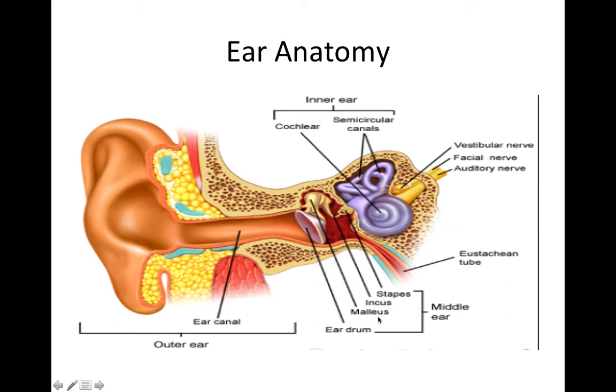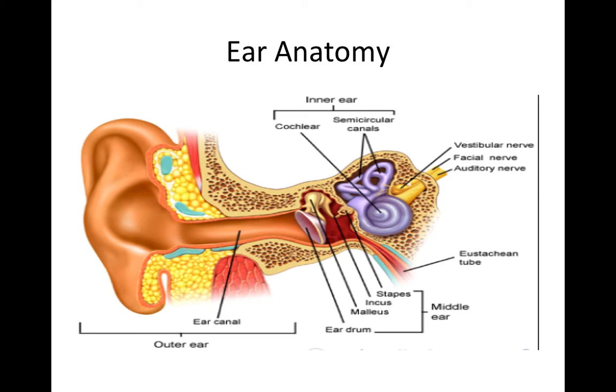These bones conduct vibrations from the tympanic membrane to the internal ear. So the tympanic membrane is labeled eardrum, and then of course they're going to conduct to the inner ear, which is labeled here. The mastoid air cells and the tube are continuous with the tympanic cavity.